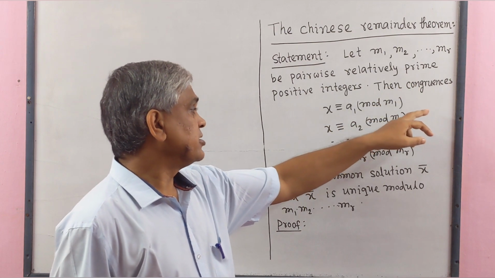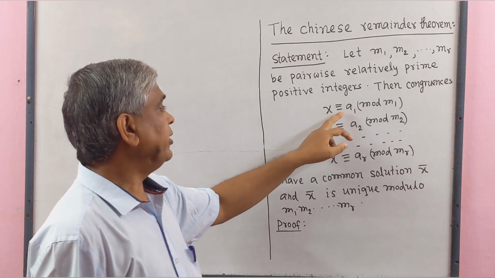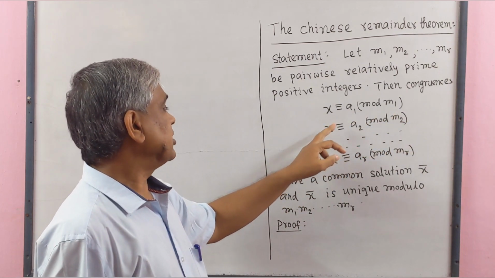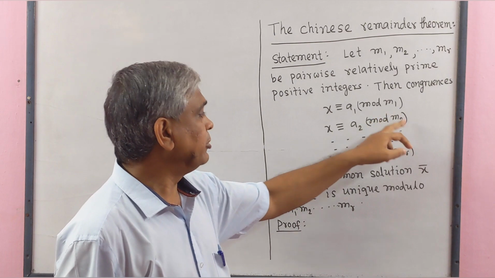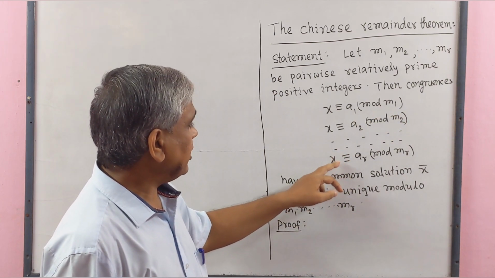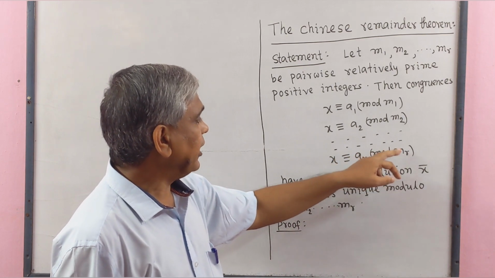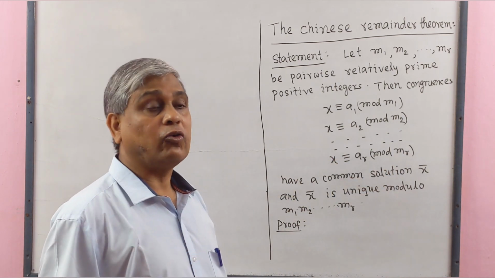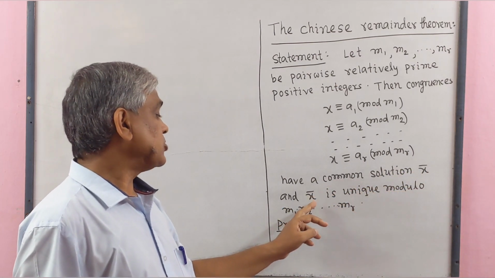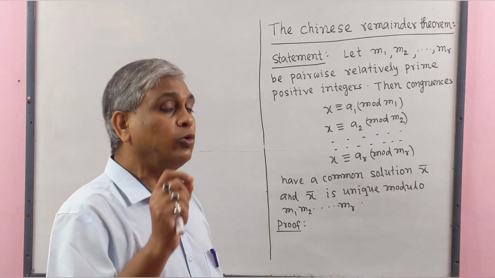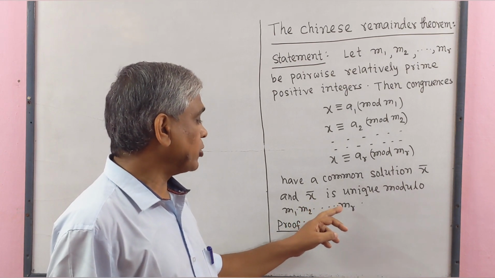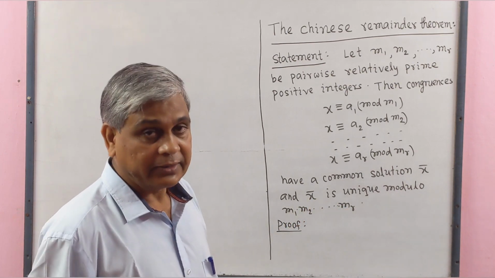Then the congruences x is congruent to a1 modulo m1, x is congruent to a2 modulo m2, ..., x is congruent to ar modulo mr, have a common solution x bar, and x bar is unique modulo m1 multiply m2 multiply ... multiply mr.